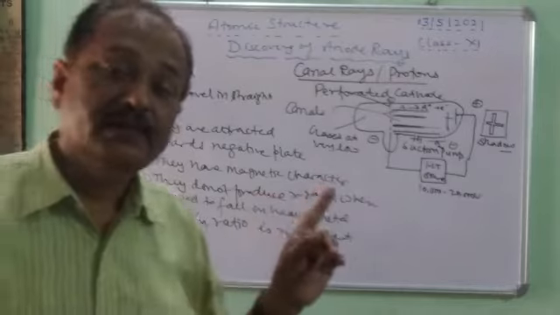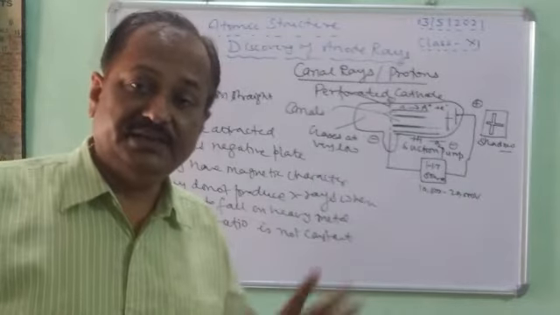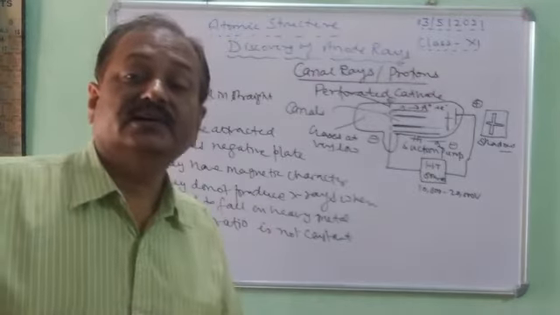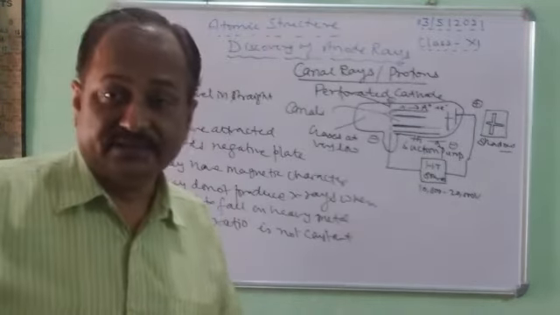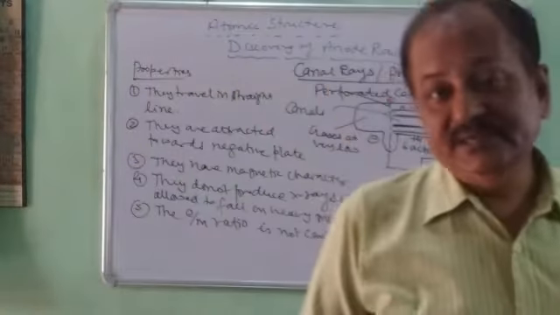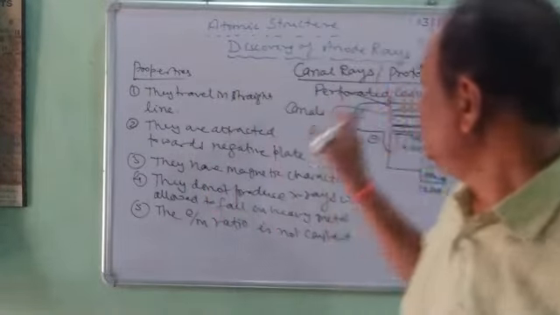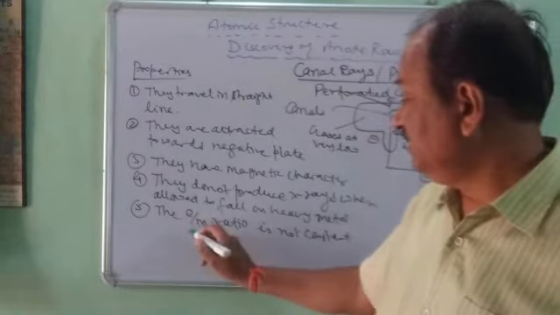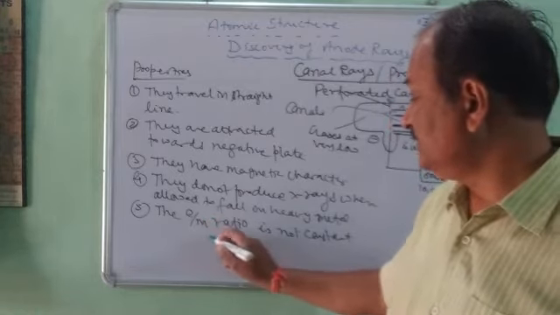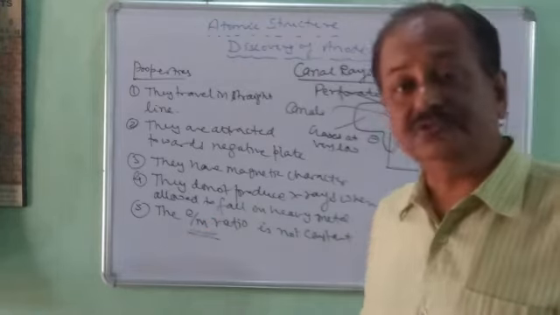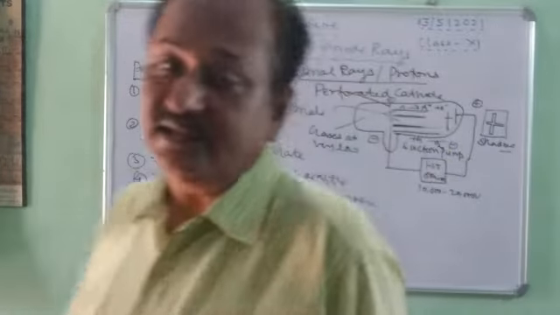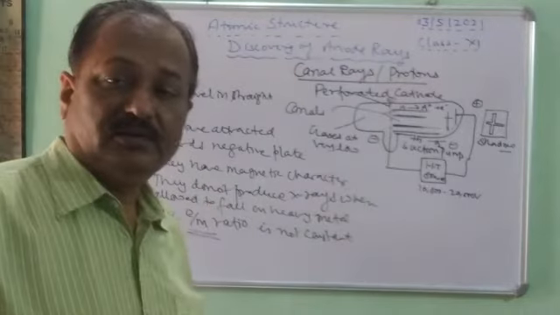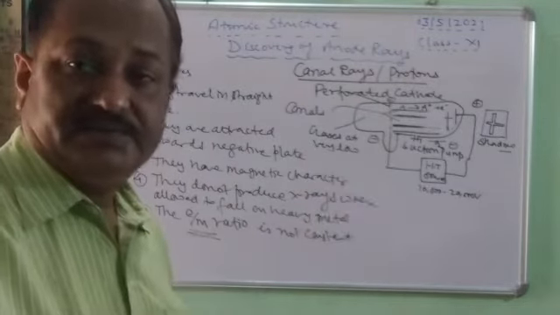Unlike in the case of cathode rays, you have seen the e/m ratio is found to be constant, and that's why we say electrons are fundamental particles. But these canal rays are not called fundamental particles because the e/m ratio, the charge to mass ratio, is not the same, not constant. It is different for different gases. So this is a very important point about canal rays.